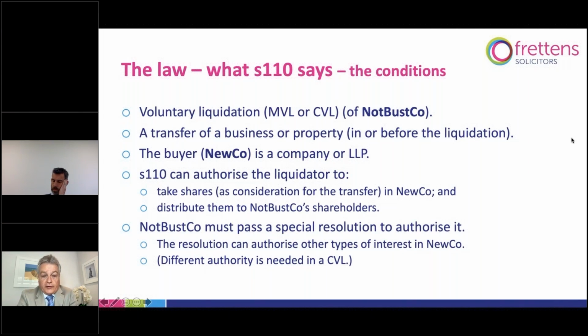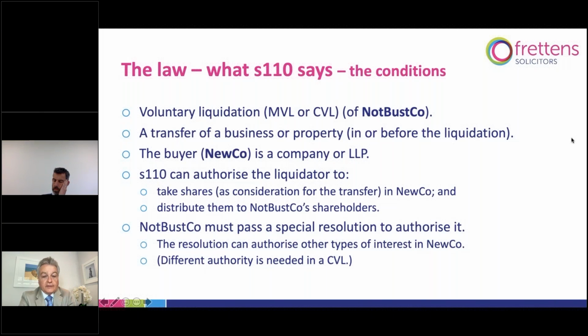And in those circumstances, Section 110 of the Insolvency Act can authorise you as the liquidator to take shares or something of that sort as consideration for the transfer of the business or the property, the shares being issued by the buyer company. And it authorises you to distribute those shares to the shareholders of not Bustco. So you never actually take the shares yourself, you just flip them sideways up to the shareholders.